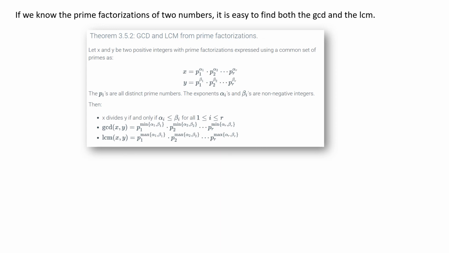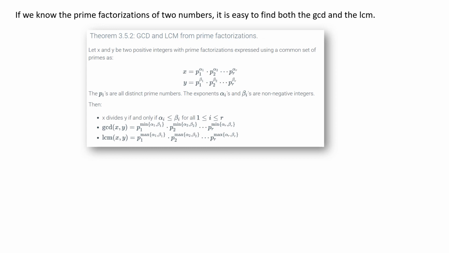Another thing we would be able to see, and we're going to see examples here, so don't worry if this isn't making a whole lot of sense yet. The GCD of those two numbers, x and y, can be found by taking all of those prime factors and taking each to the minimum of either the alphas or the betas.